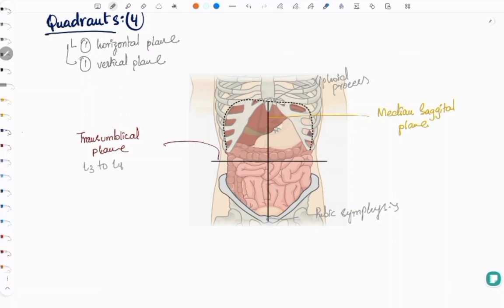Both these planes divide our abdomen into 4 quadrants, which are right upper quadrant, right lower quadrant, left upper quadrant, and the left lower quadrant. Both these planes intersect each other at the level of umbilicus, also known as belly button, or in Urdu, naaf.